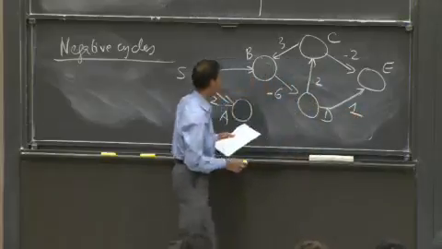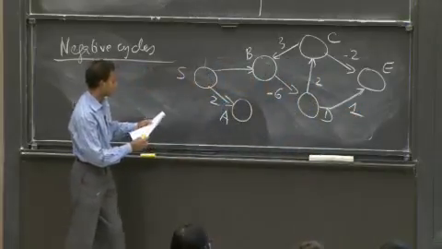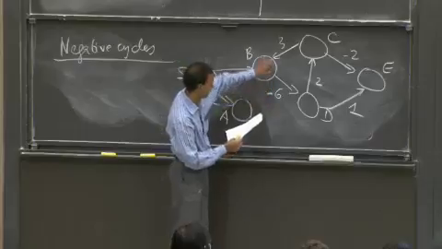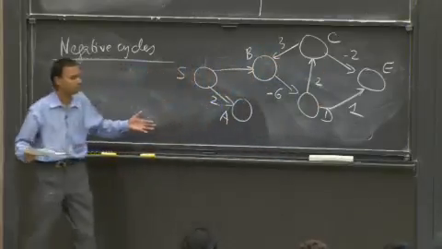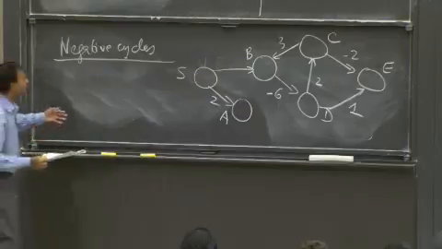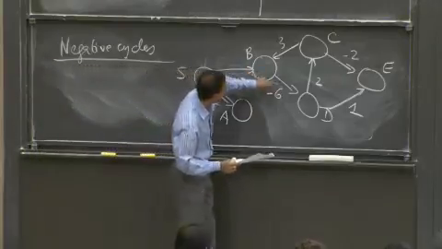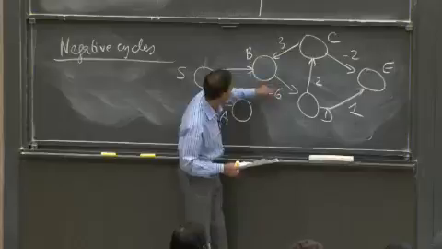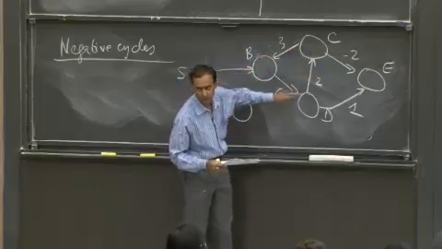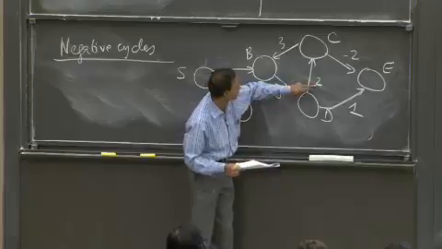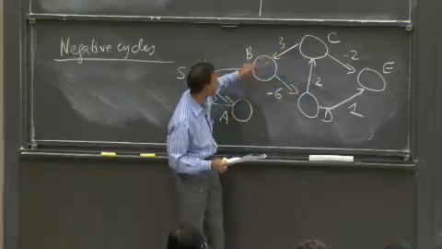I think I got those right. So 2, 4, -6 over here, 3, 2, 1, and -2. One thing you notice from this graph is that you've got this annoying cycle here that's a negative weight cycle, and that's why I picked this particular example. -6 plus 2 is -4. -4 plus 3 is -1.